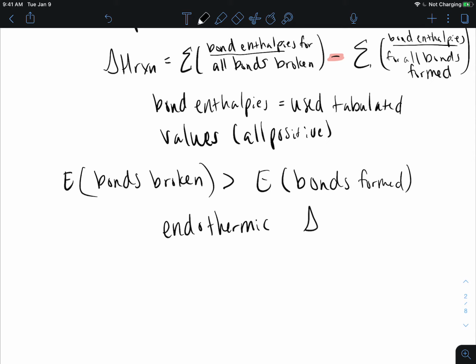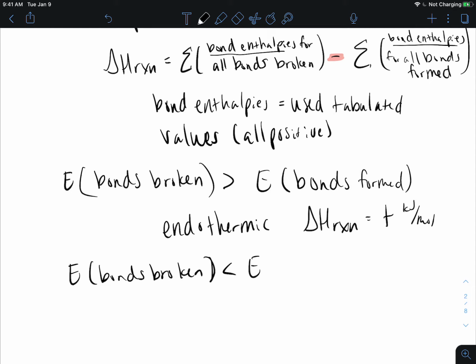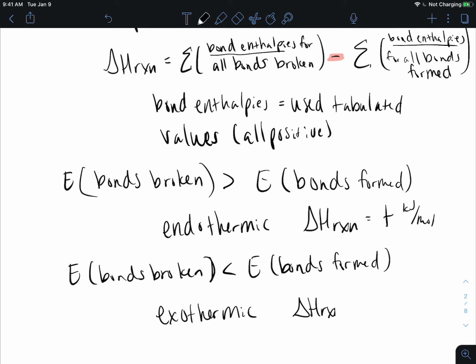So we'll have a delta H of reaction that is positive. If the energy of the bonds broken is less than the energy of the bonds formed, then we're going to have an exothermic process, and our delta H of reaction will be negative kilojoules per mole.